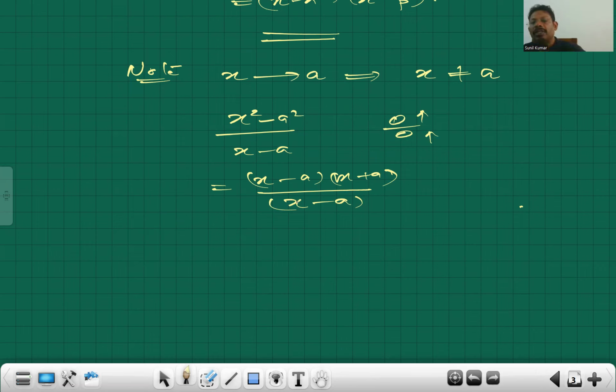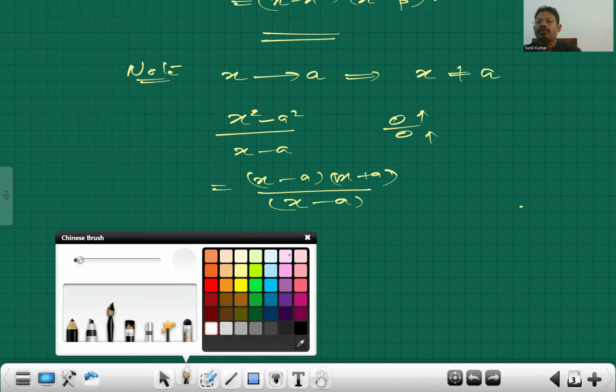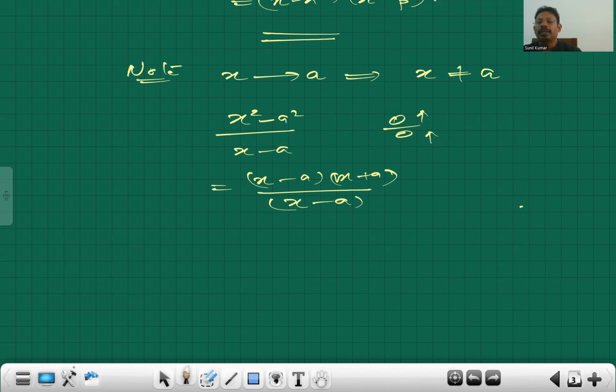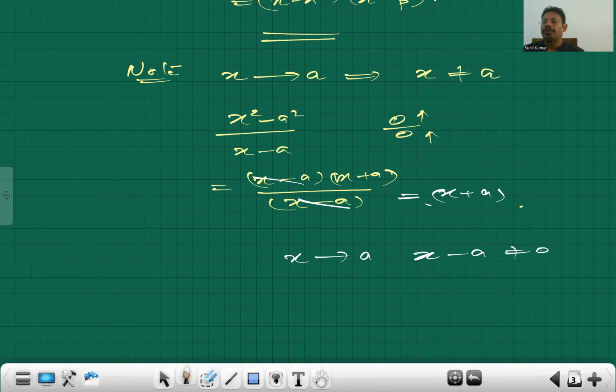So we can cancel x minus a in both numerator and denominator, and we get x plus a only. Why did I cancel this? Because x approaching a means x minus a never becomes 0.